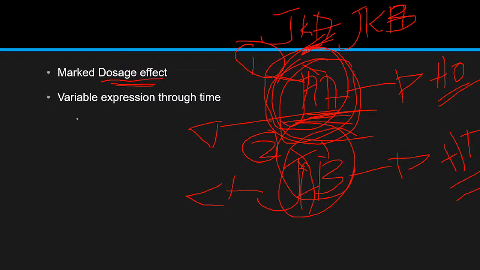That's dosage effect. Okay? So based on inheritance, not based on the amount of enzymatic activity. It's based on the number of antigens present, which is the product of the genes.